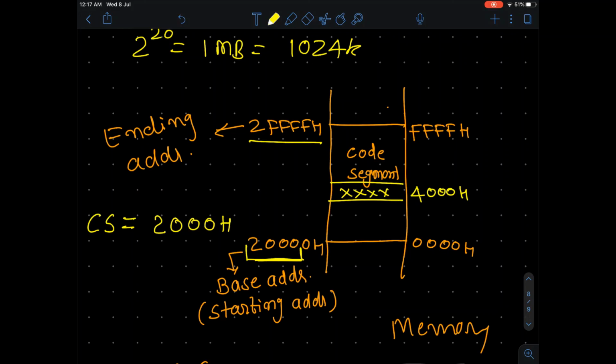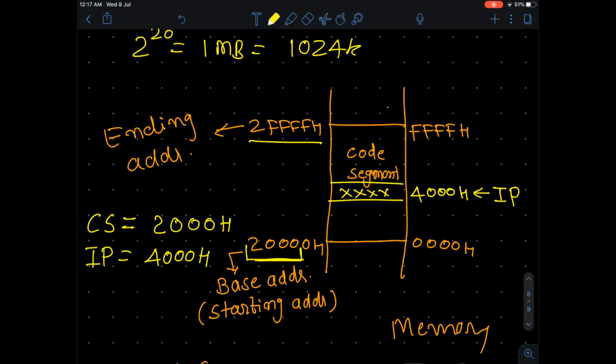With respect to this address, it is the address 4000 and this address is held by IP, that is the instruction pointer. Here in this case, instruction pointer equals 4000 and CS is 2000.